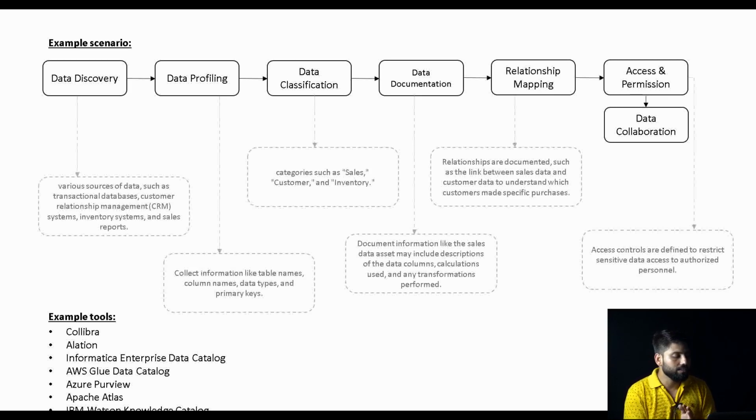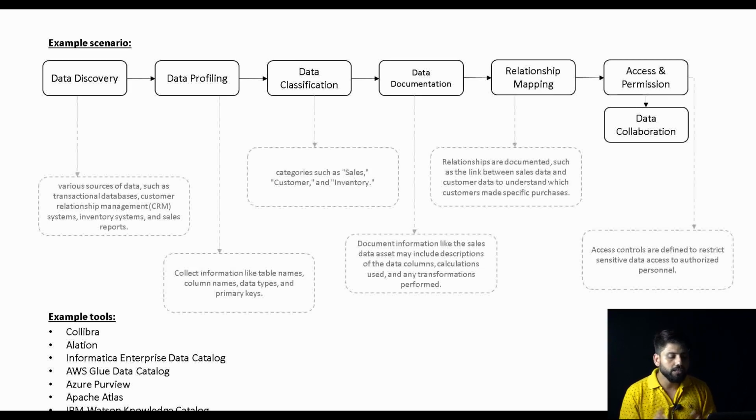That means Collibra, Alation, AWS Glue, Azure Purview, and IBM Watson Knowledge Catalog are all paid tools with which we can manage our metadata. But the only free, open source tool we have for data cataloging is Apache Atlas.